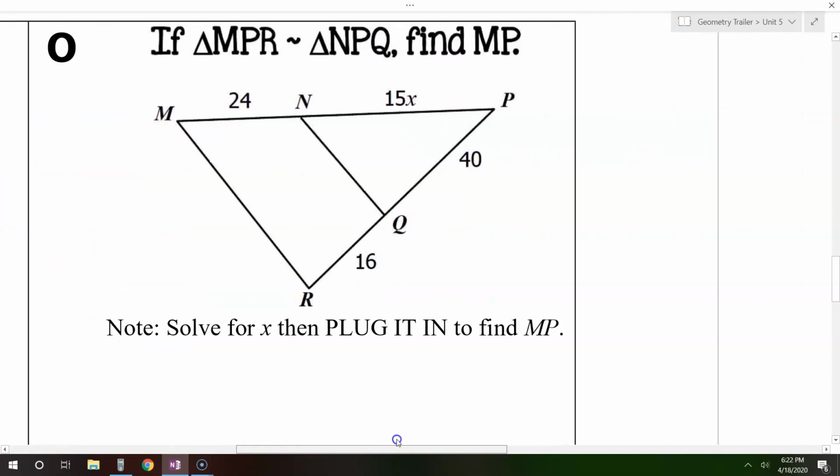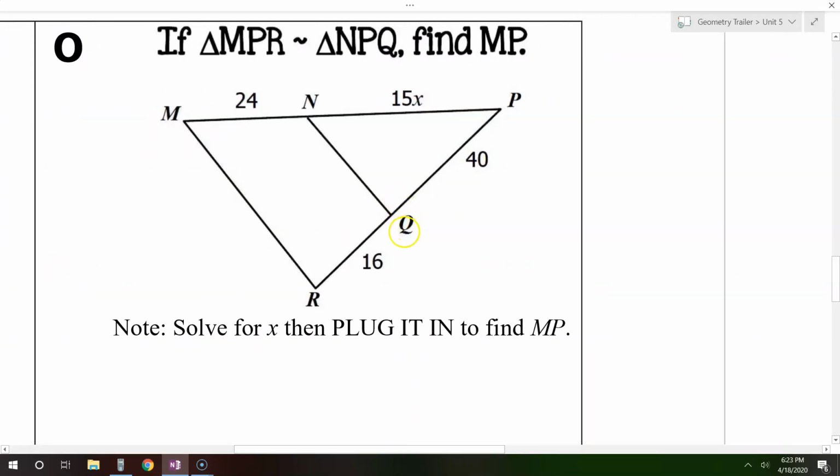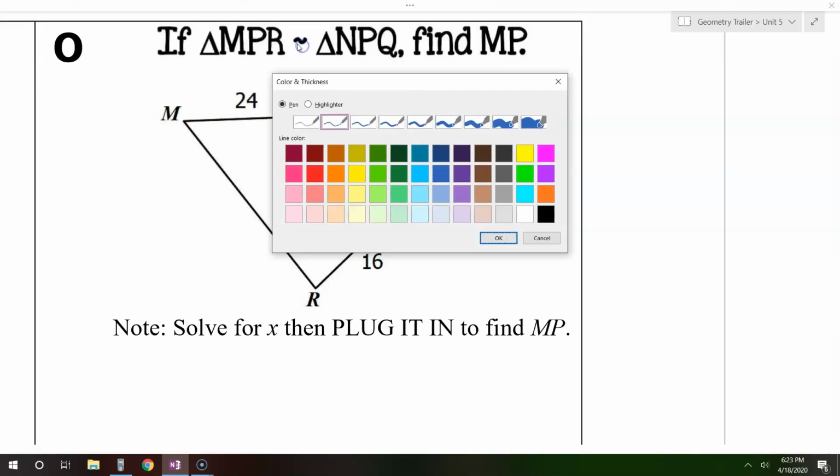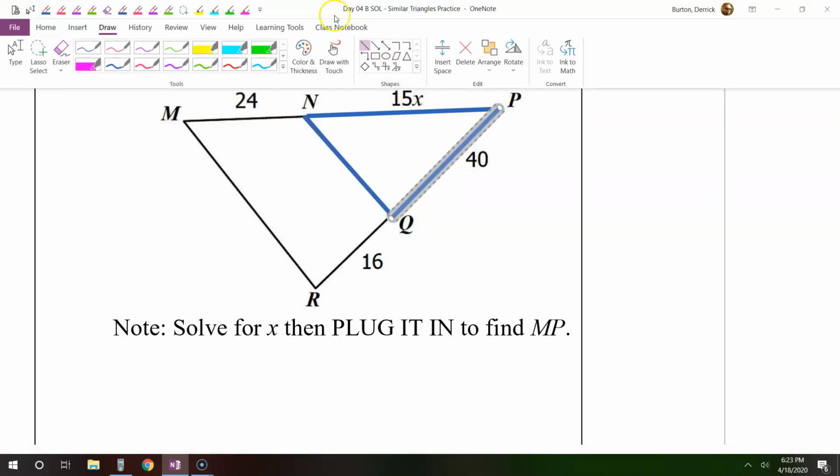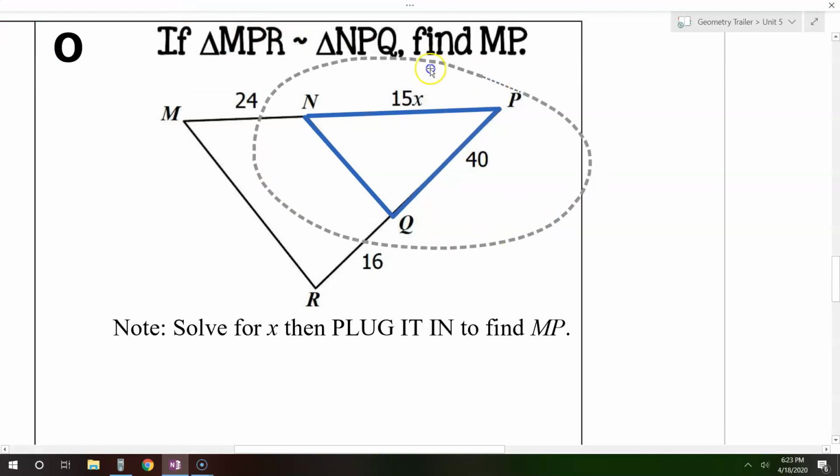Let's keep going. So usually when we have overlapping triangles like this, one of the things I recommend that you do is to draw the triangles separately. So normally I would say, hey, look, here's the small triangle, everybody. Focus your eyes on that.